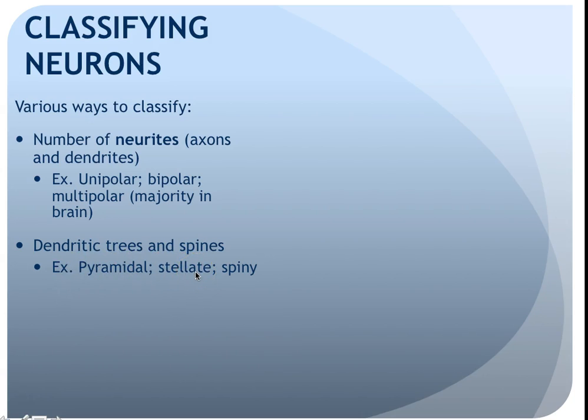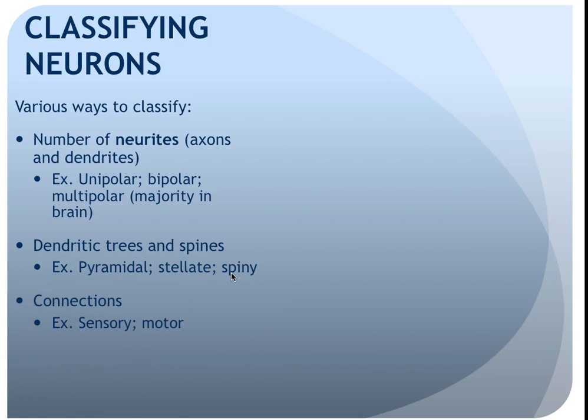Or you might see a cell that's called spiny. This refers to the fact that the dendrites have protrusions emanating out of them called spines. These are dendritic spines, which are super dense clusters of receptors. They are very specialized structures that are present in certain types of synapses in the brain, particularly.